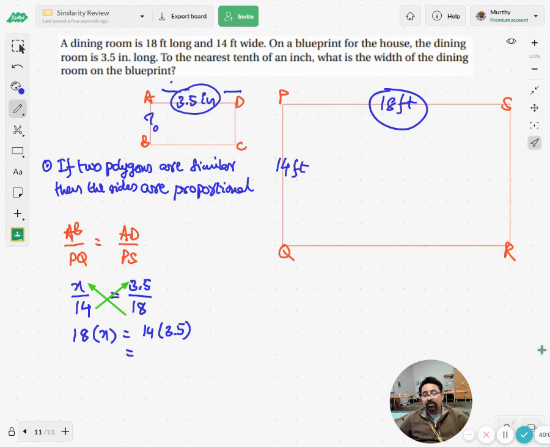Then we divide by 18 on both sides. So division by 18 gives me the value of x as 2.722 inches. That is the value of x. That's it.